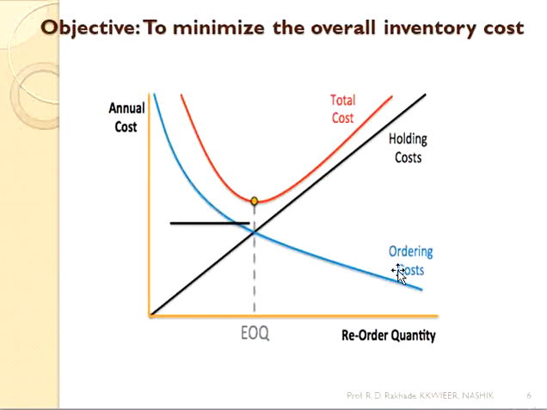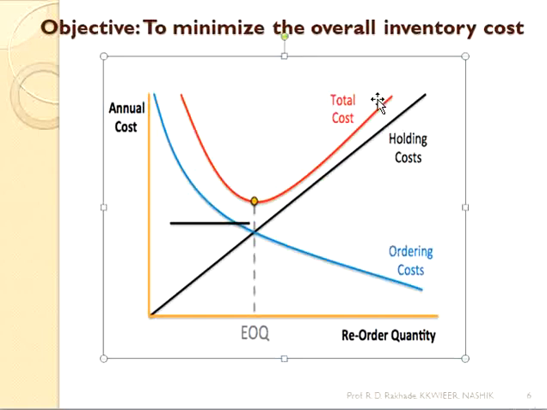So at this point, if quantity increases, ordering cost decreases but holding cost increases, so overall cost increases. If the holding quantity is less, ordering cost increases, and again the annual cost increases.